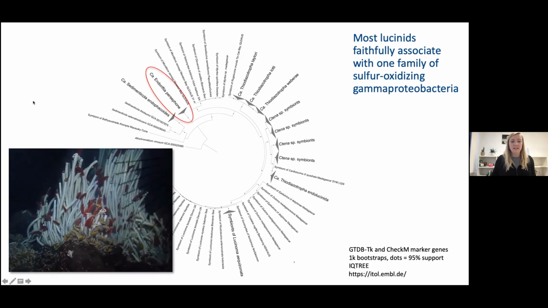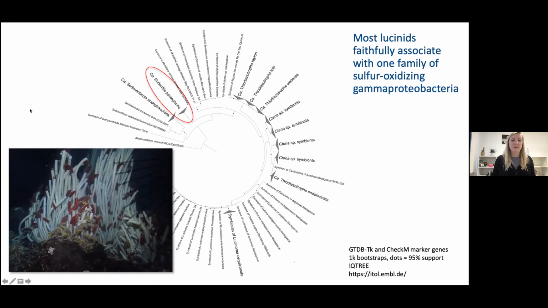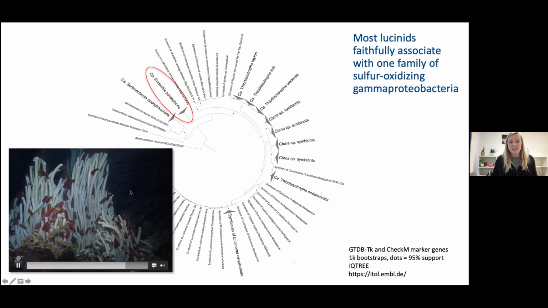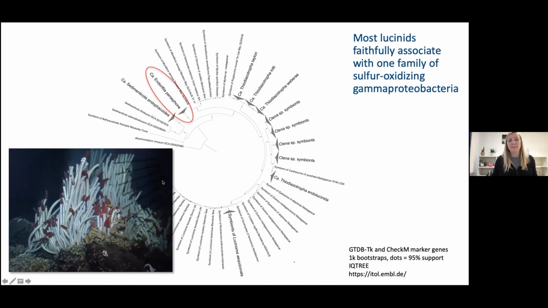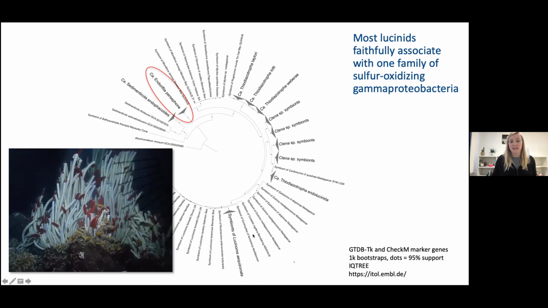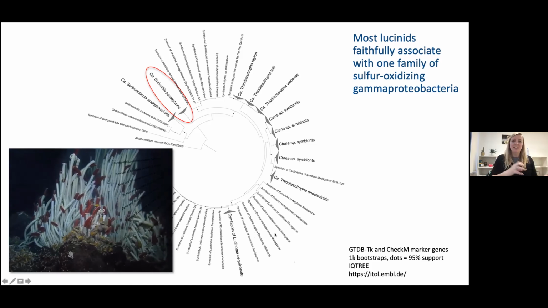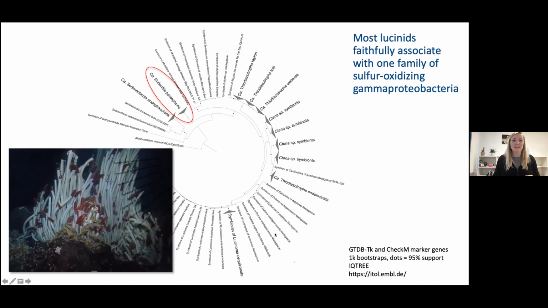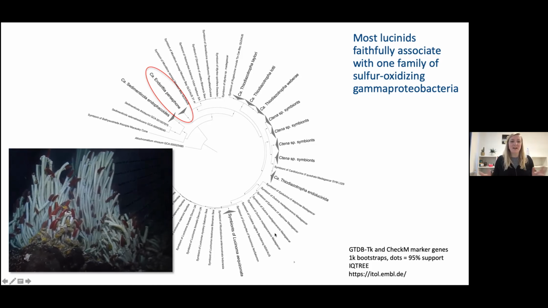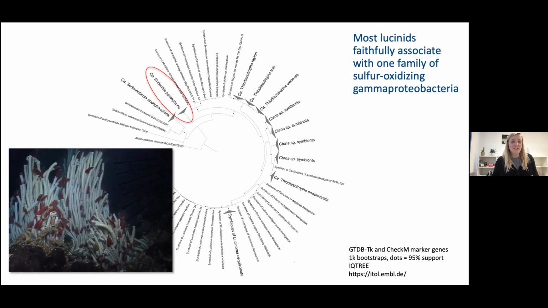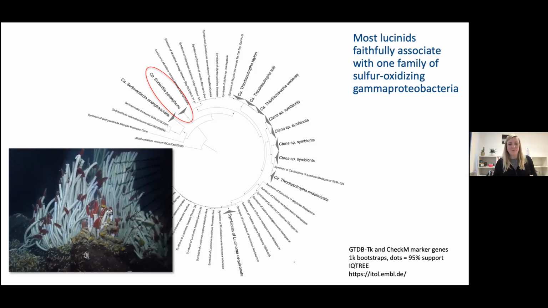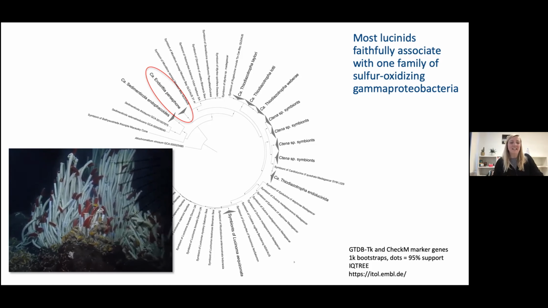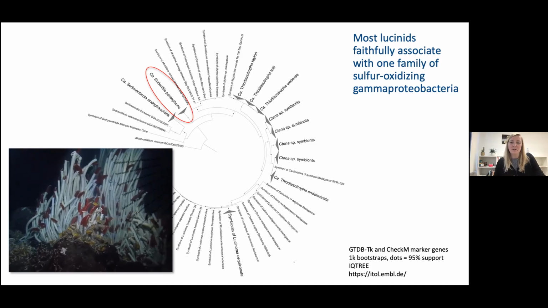It relies entirely on chemosynthetic symbionts for nutrition. And these chemosynthetic symbionts are actually closely related. They belong to the same family as the symbionts of lucinid clams. So there are links between deep sea and shallow water chemosynthetic symbioses that I maybe wasn't even aware of when I thought I was moving into a new field looking at shallow water symbioses, but there are very clear links between the deep sea and the shallow water.